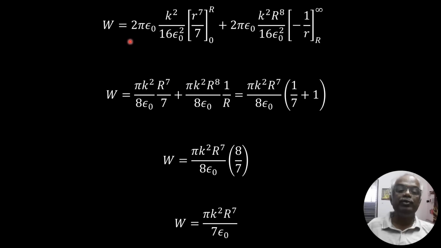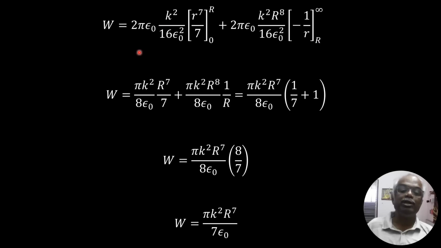Now we got this result, that is work done is equal to 2 pi epsilon naught k squared over 16 epsilon naught squared, r power 7 over 7 between the limits 0 to r. Same thing, 2 pi epsilon naught k squared r power 8 over 16 epsilon naught squared, this minus 1 over r between the limits r to infinite.